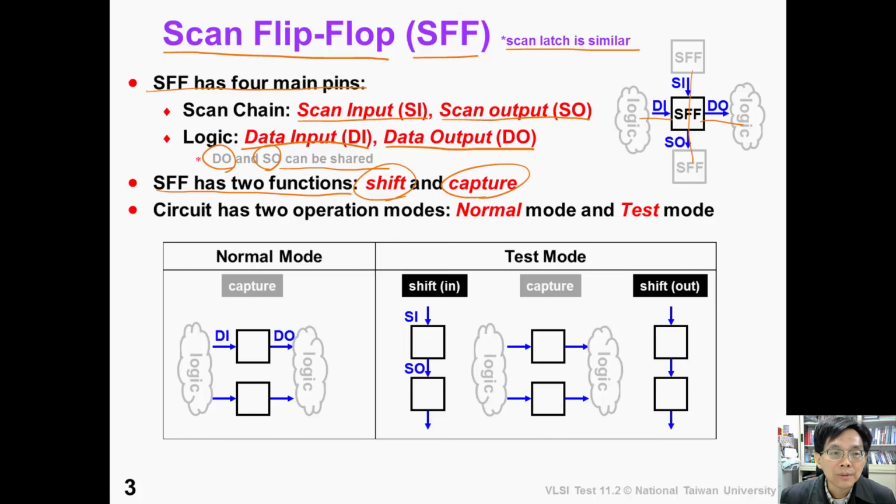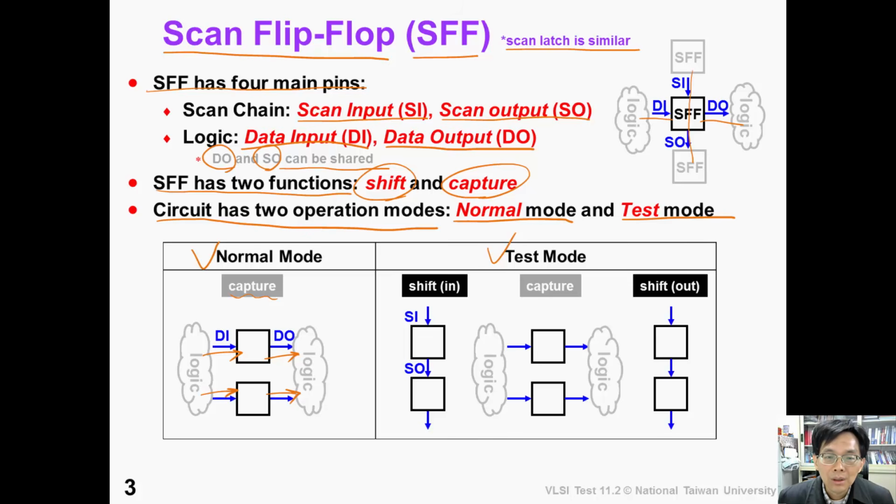The circuit with a scan chain has two operation modes: the normal operation mode and the test operation mode. In the normal mode, scan flip-flops are configured to perform capture. So they capture the response from the logic and they apply their response to the logic. This is exactly the same as the original circuit.